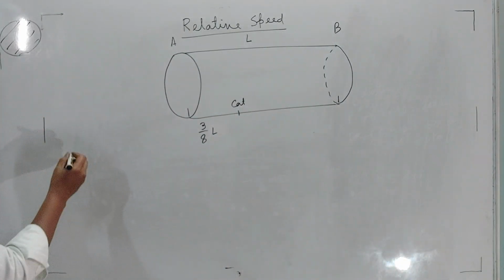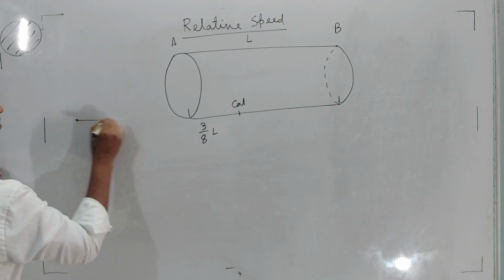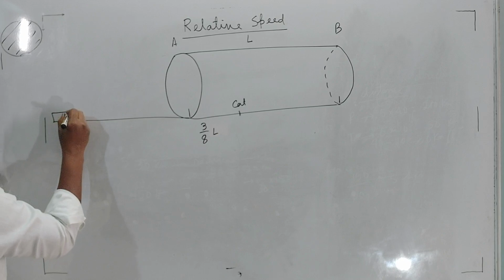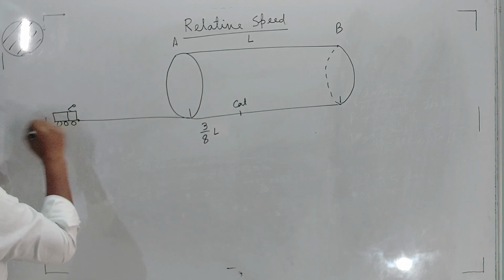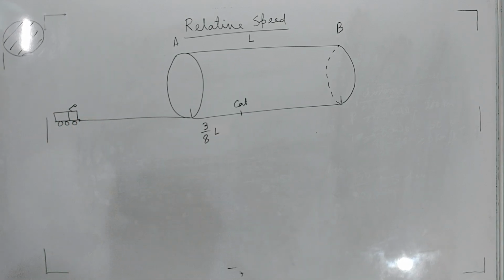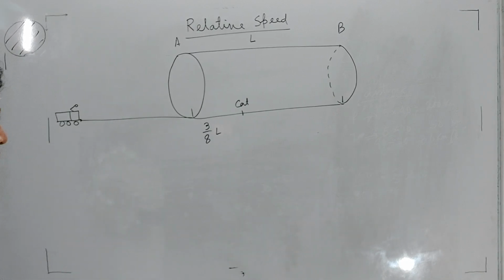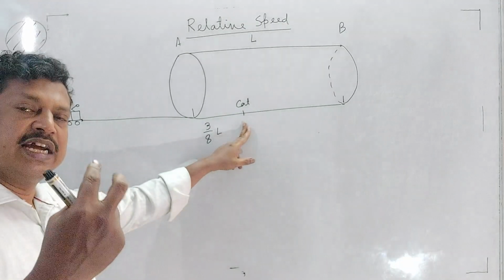Now a train was outside, somewhere over here. So let's say the train is over here. Fine. Train whistles. Now there are two situations given in the question. After hearing the whistle, the cat starts.